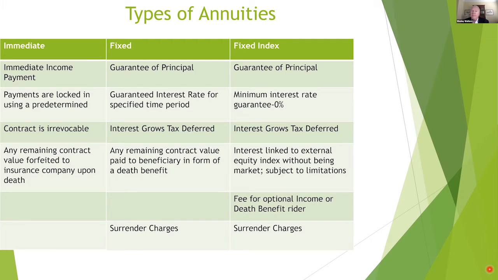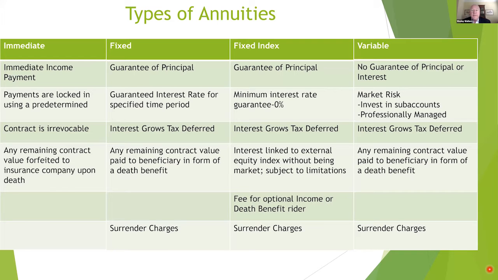Now that's a pretty confusing statement, and I'm just going to let that statement go right now. If you're interested in this type of product, get the full explanation from an insurance professional about how the indexes and crediting works. You may pay a fee if you want your annuity to give you a lifetime income.